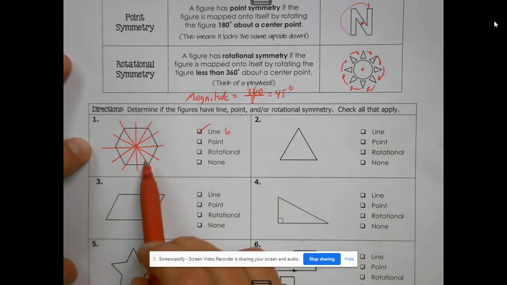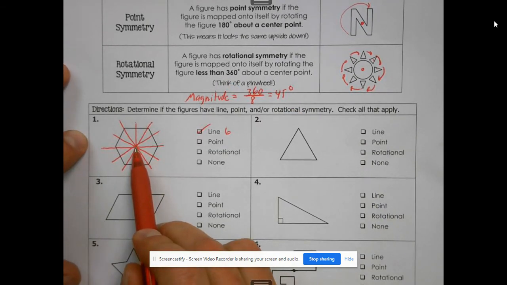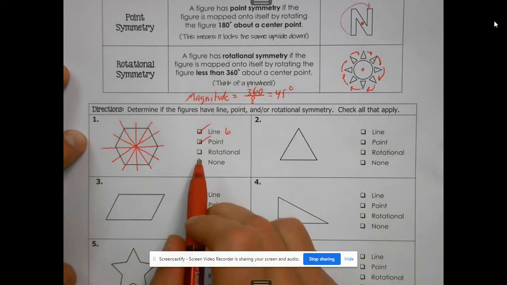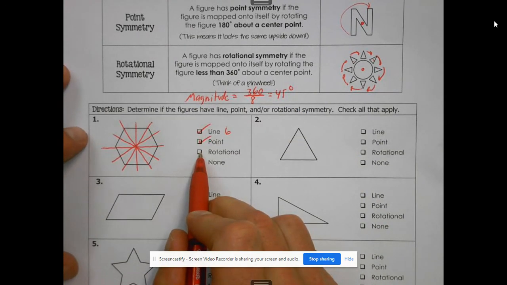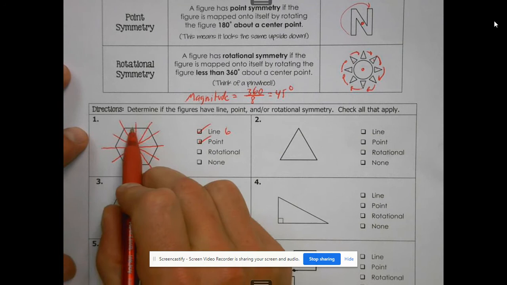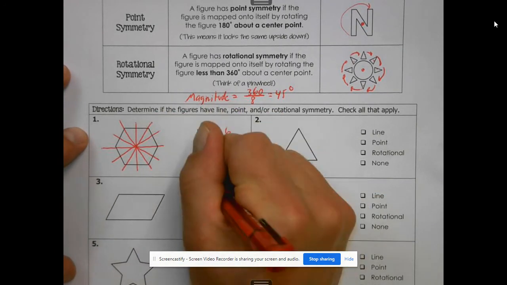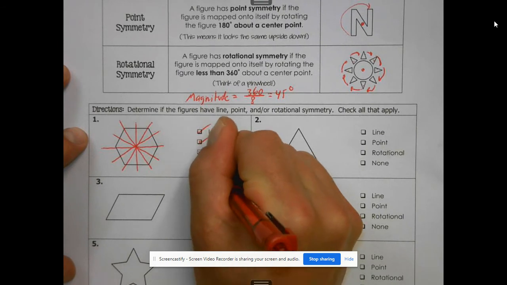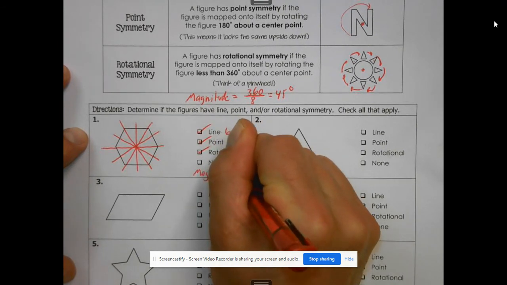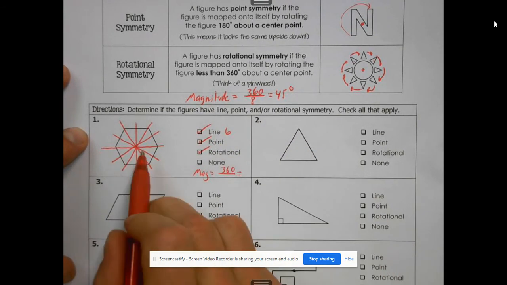Point symmetry. Does this look like the same thing upside down? You bet. Rotational. Can I rotate this thing and make it look like the original still? Yes, I sure can. Now, let's do magnitude for this. Remember, it's 360 divided by how many times you can rotate this thing.